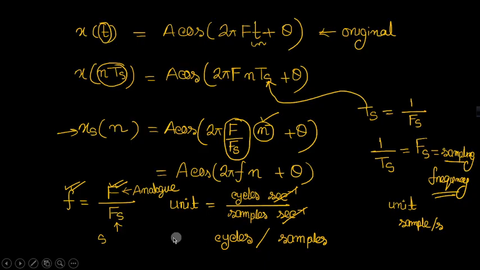Now let's talk something about this small f. Let's say we have a sinusoidal signal. In the previous slide we used a cosine signal. Now let's use a sine signal.